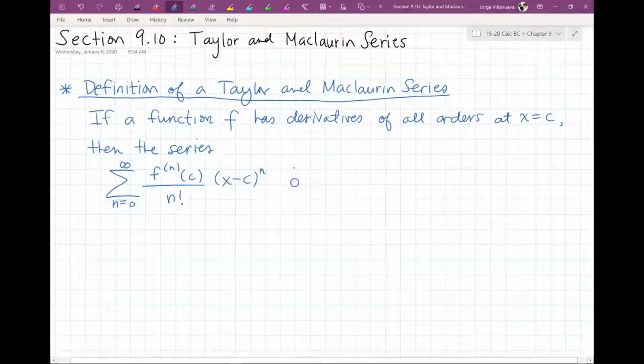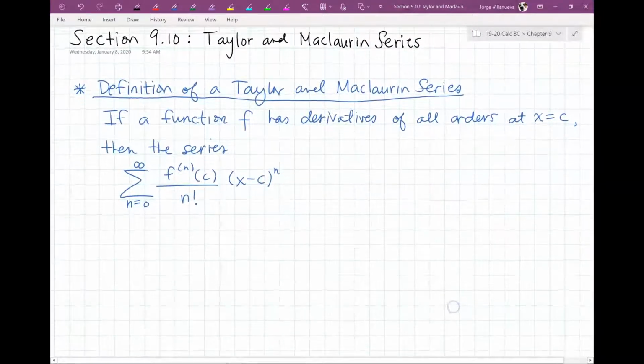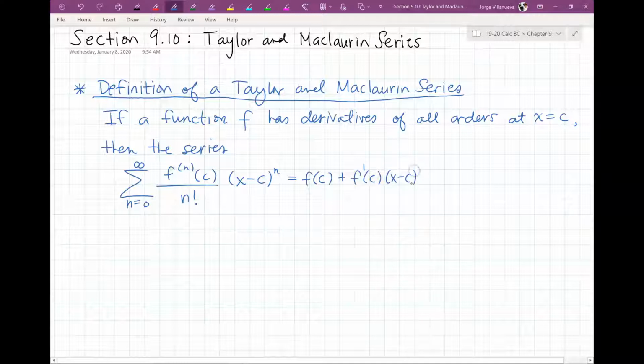And that would be equal to f of c, right? And this is stuff that we've already seen before. f prime of c, x minus c, etc. And then the nth derivative of f at c over n factorial, x minus c to the nth, etc. So that is called a Taylor series.